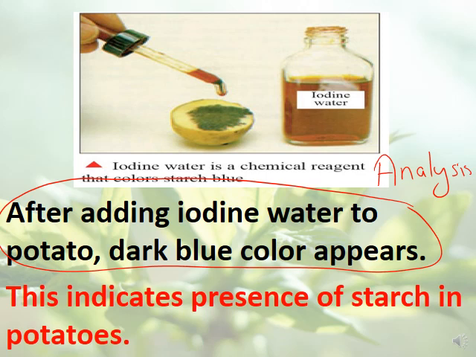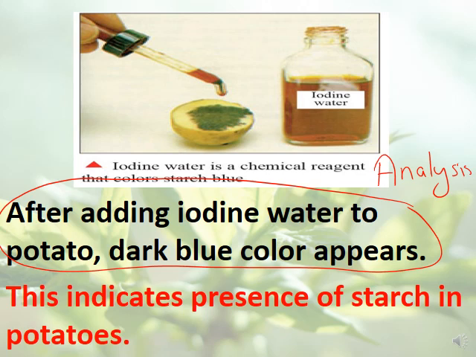But if I ask you to interpret, you have to say analysis plus indication. So the indication here: this indicates the presence of starch in potatoes, or you can say this indicates that the potato contains starch, or this indicates that there is the presence of starch in the potato. All of them have the same meaning and the same concept in this experiment.